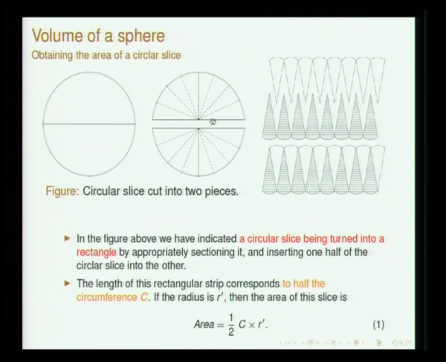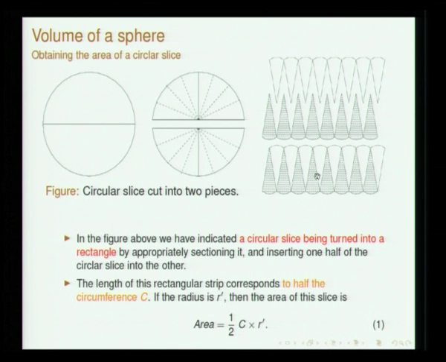They are unfolded, so you will have one piece like this and the other piece. Just insert them into each other, and what you get is a rectangular kind of figure. If the number of bits into which it is sliced is large, then you will almost have a rectangle. So, what is the area of this rectangular piece?